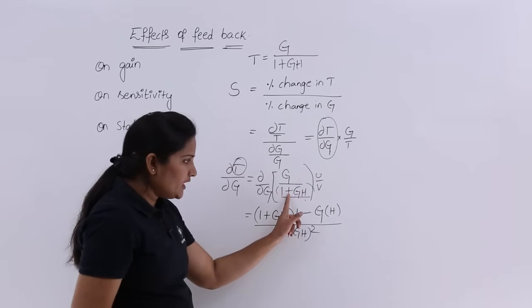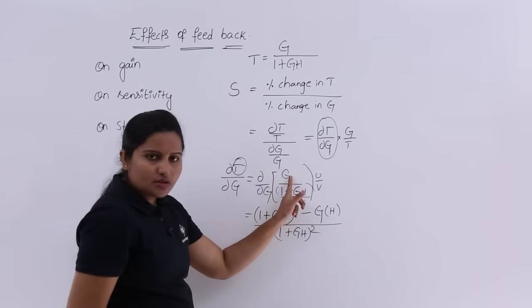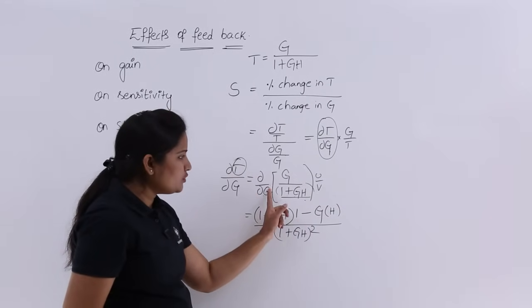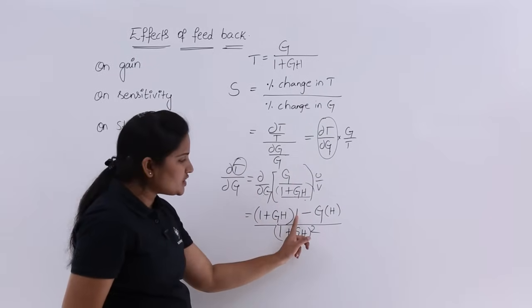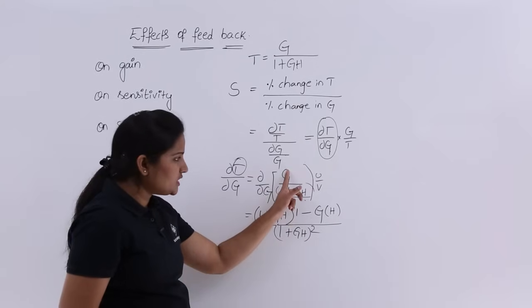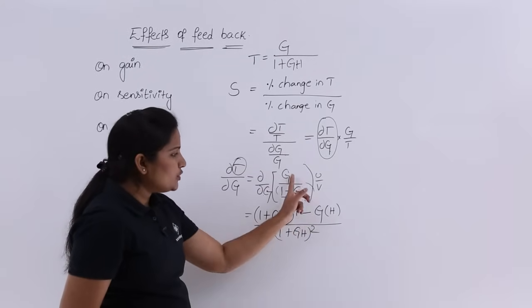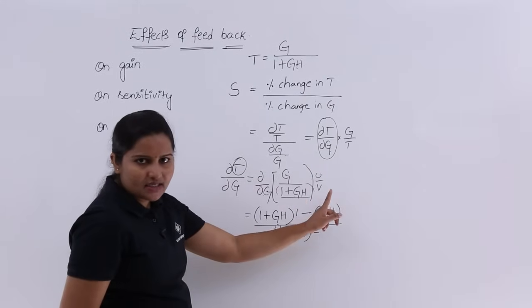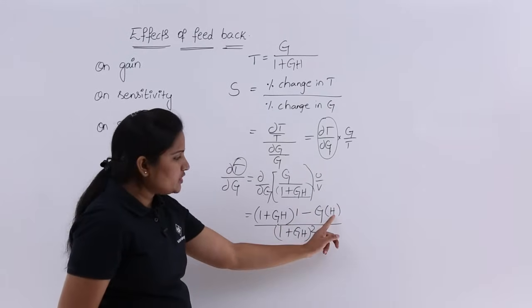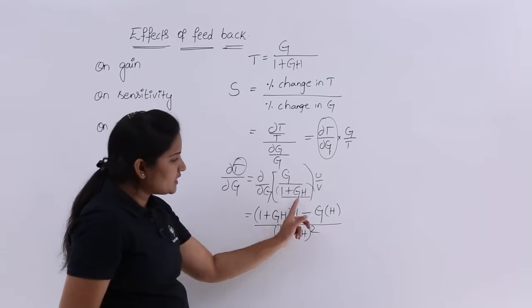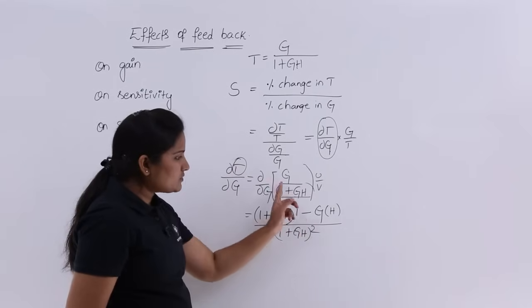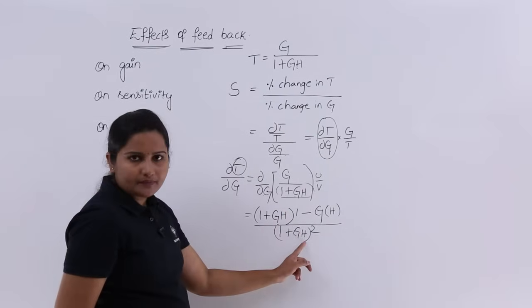So, in u by V form, V into du minus u into dV. With respect to G, differentiating the numerator gives 1 for G, minus u into dV. V is 1 plus GH in the denominator, so differentiating it gives H, divided by V square, that is the denominator squared.